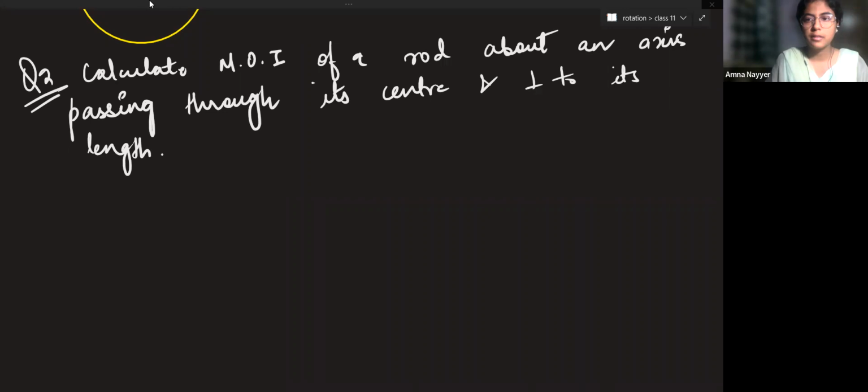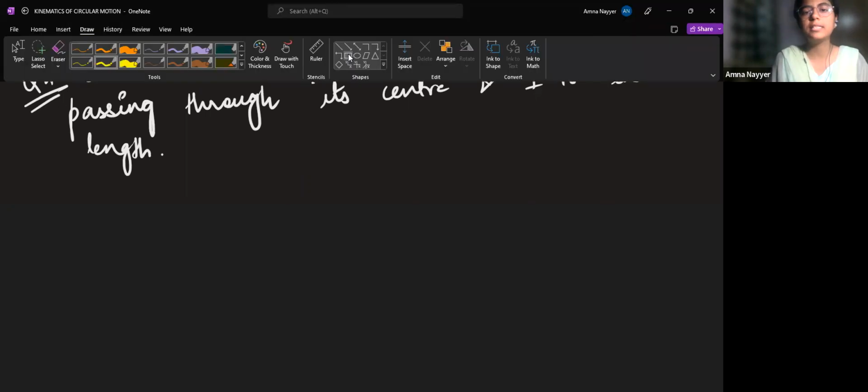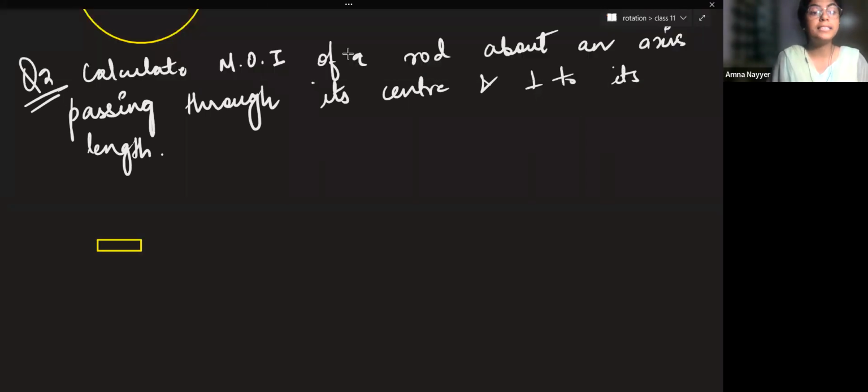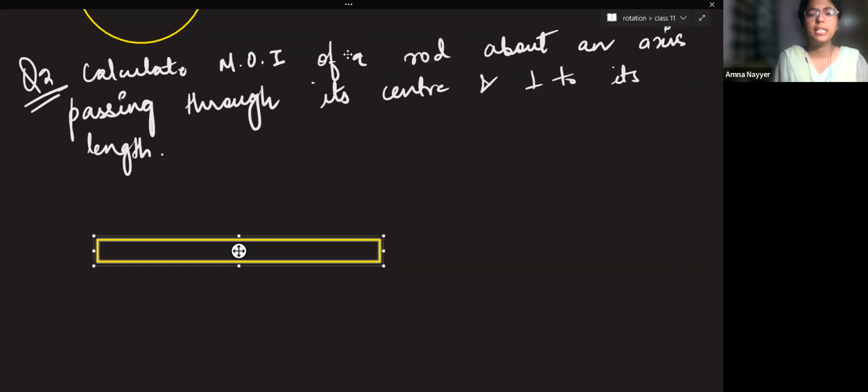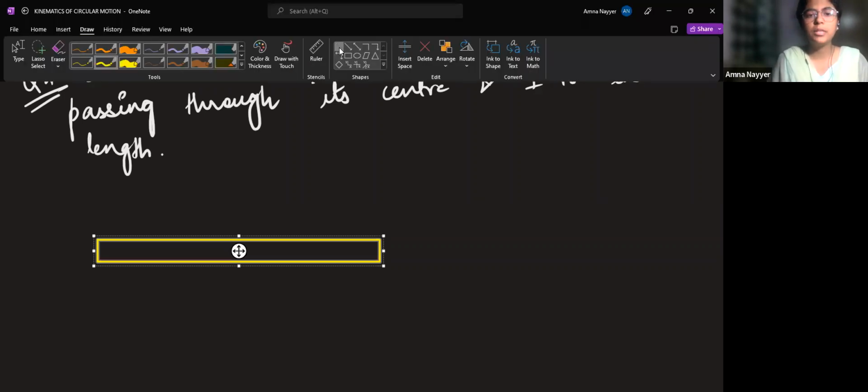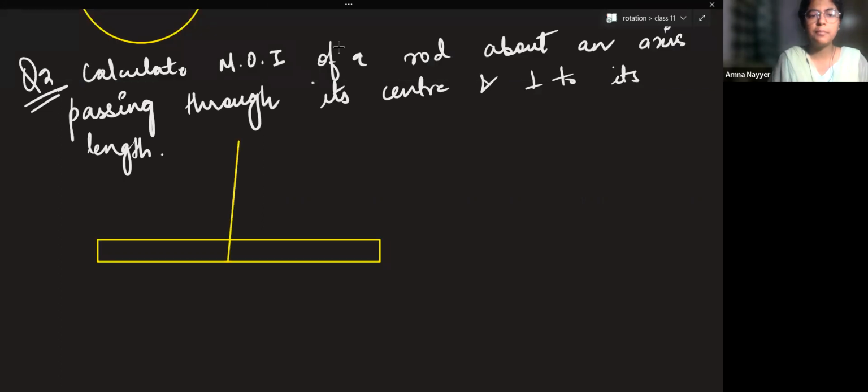Now, calculate moment of inertia of a rod about an axis perpendicular to its plane, passing through its center. See, this is a rod. Perpendicular to its plane and passing through the center will be like this, right?